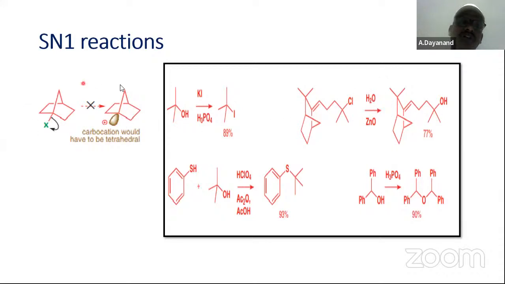And one more important thing is that bridged cations are not at all formed. Therefore, they will not undergo this Sn1 reaction, mainly because they are not stable. Bridgehead carbocations are not at all stable. They will not be formed.